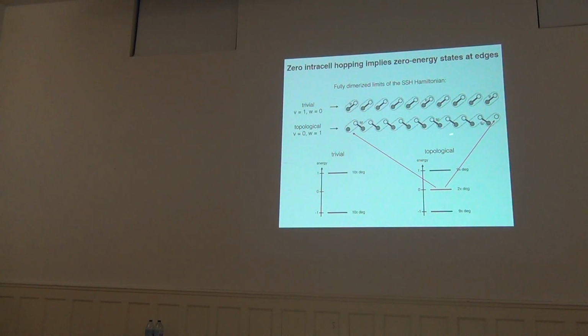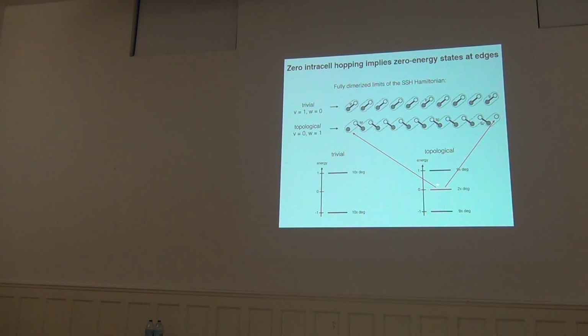I have 9 of them, so I have 9 identical bonding and antibonding states. So in the spectrum I will have a 9-fold degenerate level at 1 and a 9-fold degenerate level at -1. But you see that in this setup there are lonely sites on the left edge and also one on the right edge. They are not coupled to anything. They have 0 on-site energy, so they're going to live at 0 energy.